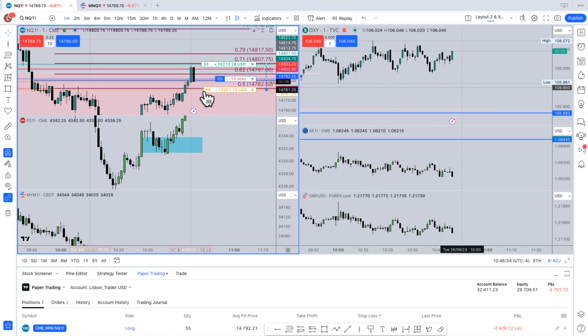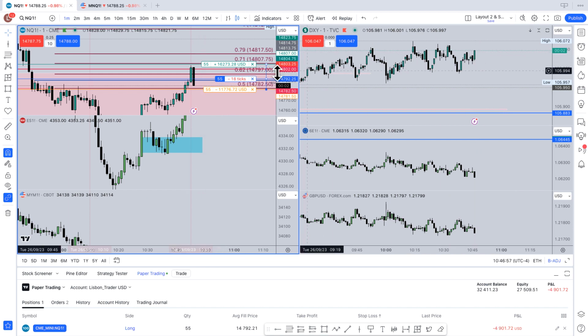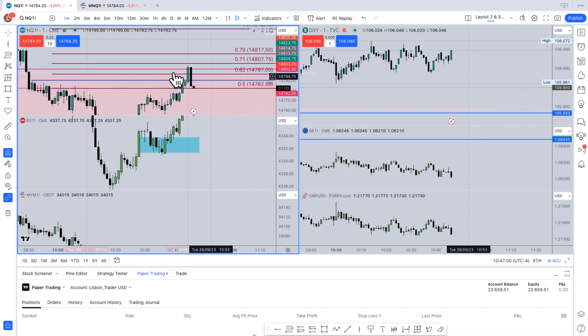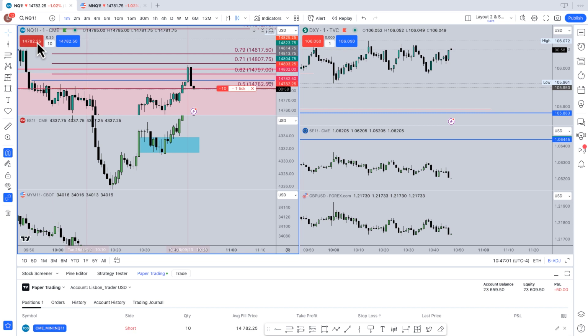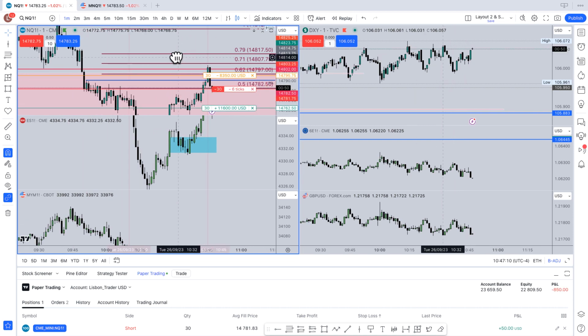The XY is pushing higher. Yeah, this wants to go down again. Might want to go down in a speedy manner.